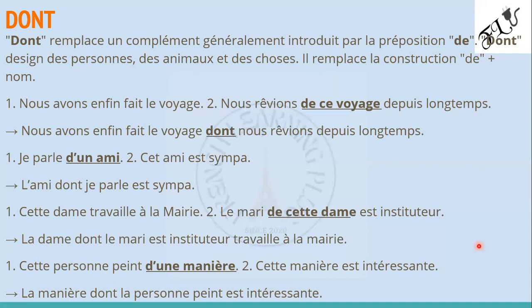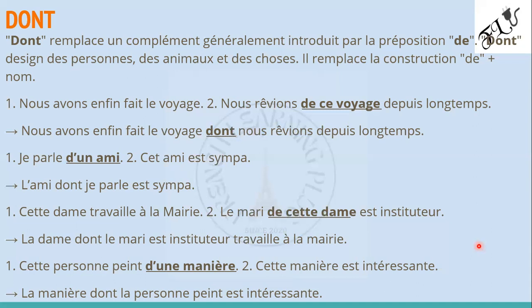That is the expression. So it has to be replaced with dont. So, of course, it will come before the subject, as usual. Nous avons enfin fait le voyage, donc, nous rêvions depuis longtemps. So, de ce voyage will have to disappear from the sentence because it has been replaced with dont and they're in front. Did you get that?